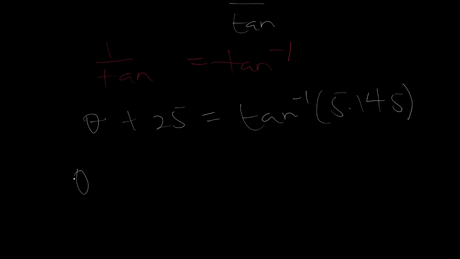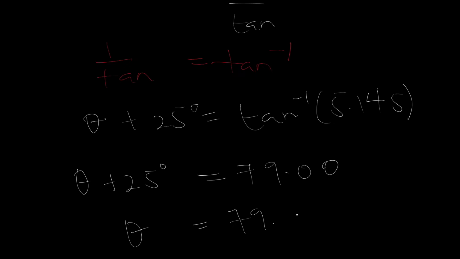We have theta plus 25 degrees equal to the tan inverse of 5.145. When you punch it on your calculator, it should give 79.00. Now making theta the subject, theta will be equal to 79.00 minus 25 degrees. This should be in degrees too.